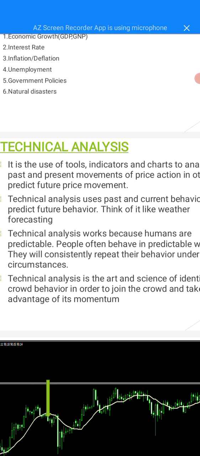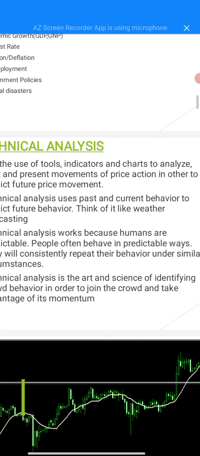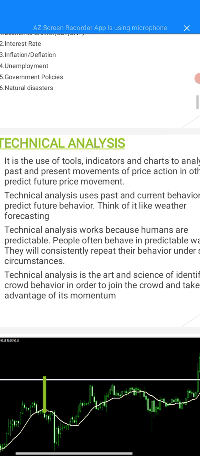Price action is, I think, so far the most effective means of market analysis. Technical analysis uses past and current behaviors to predict future behaviors. For instance, in the case of a weather forecast, the experts make use of the past behaviors of the weather to determine the future behavior of the weather.